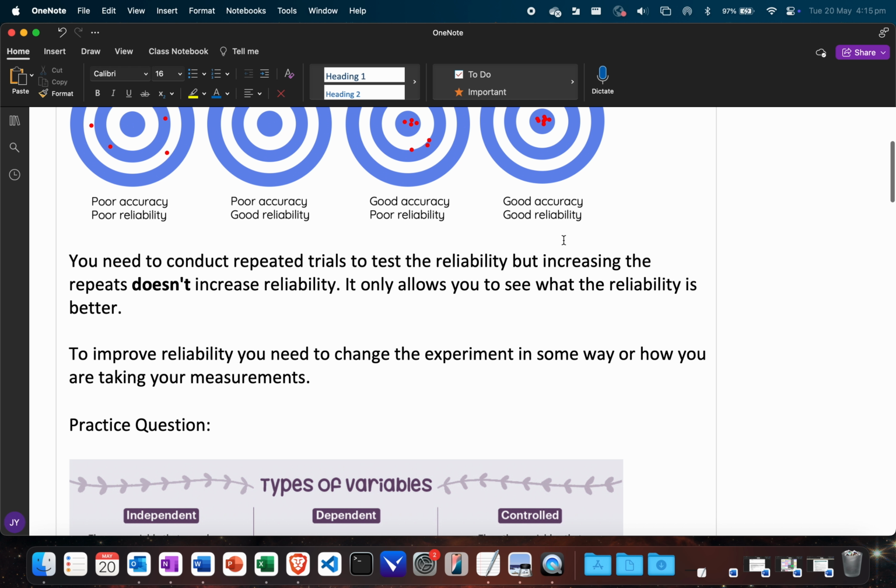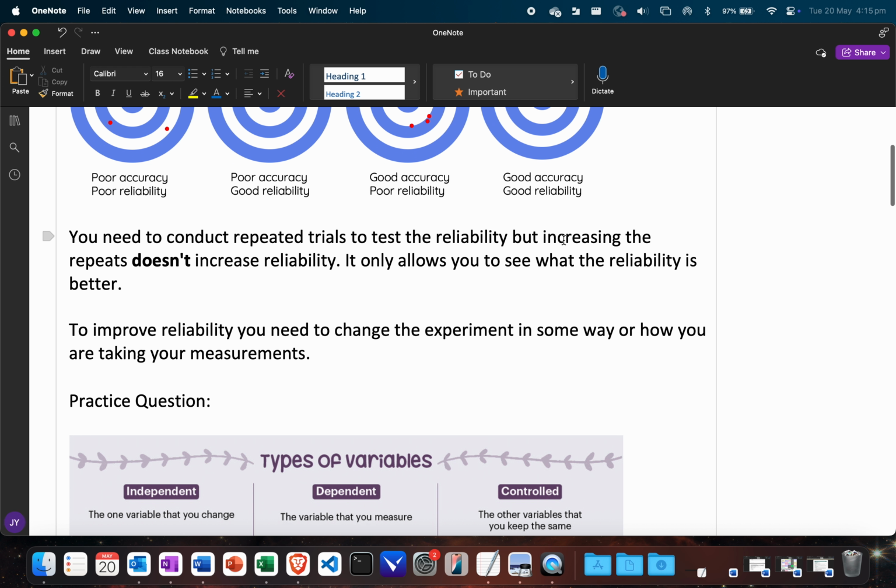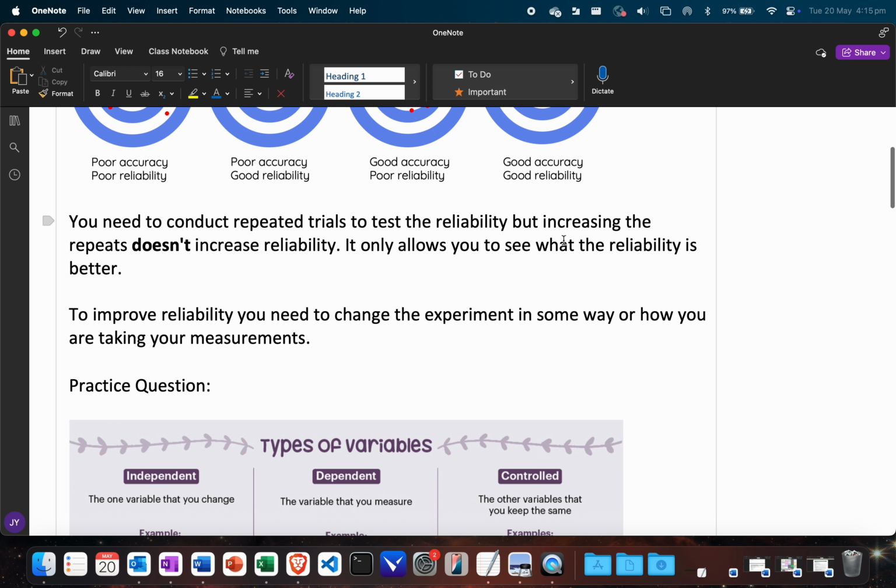In order to be able to test the reliability, you need to actually conduct repeated trials, multiple trials of the same experiment. Do the same experiment over and over again. That way you can see, is it reliable or is it not reliable? People often have the misconception that if you increase the number of trials, you will increase the reliability.